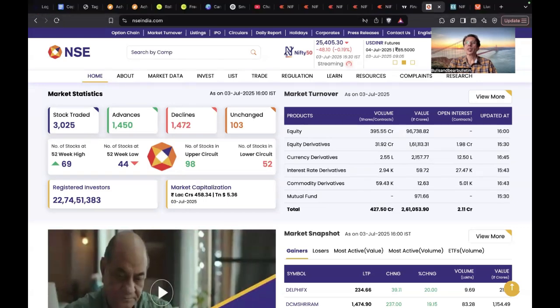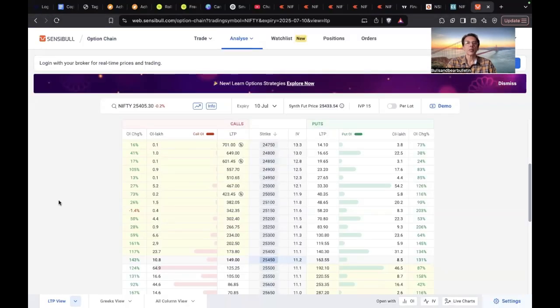So the next topic is the option chain. If you come to the 25,400 level, you can see on the left side the call open interest at 23 lakh versus 31 lakh put open interest on the right side. It suggests there is going to be a fight between bulls and bears at this level.